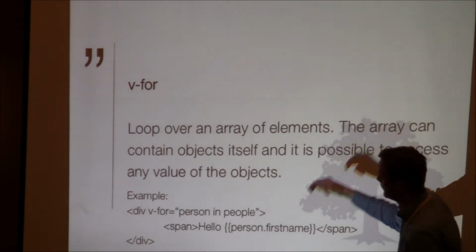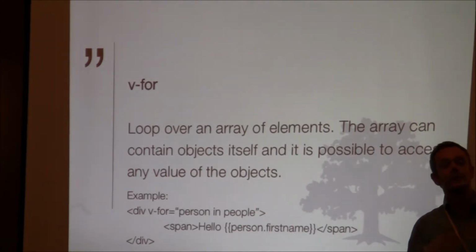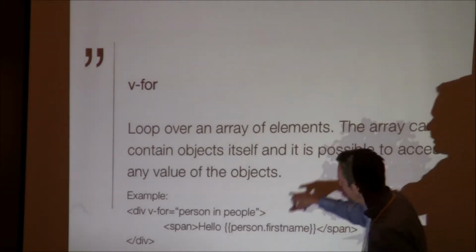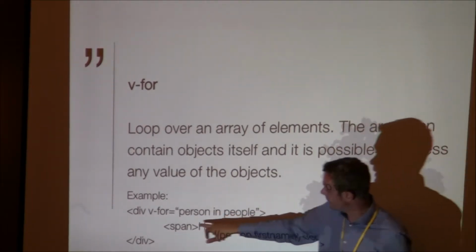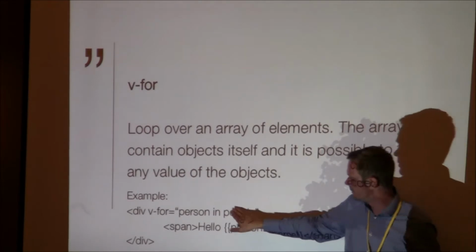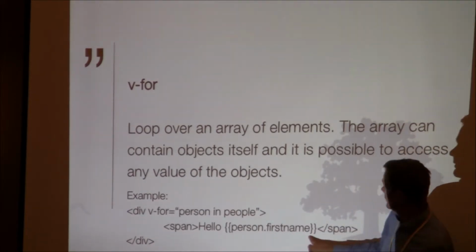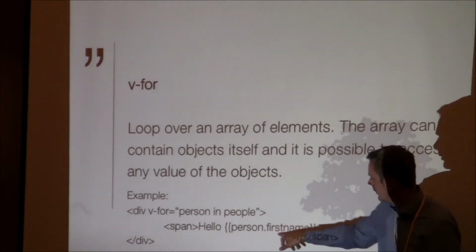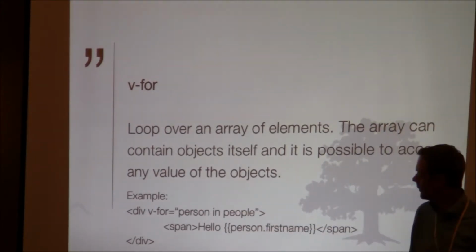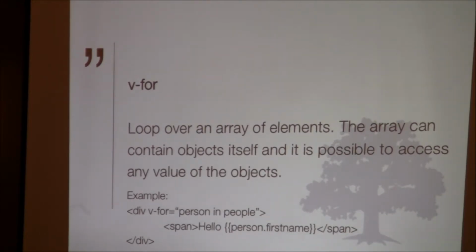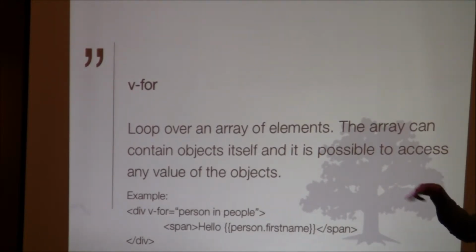Or if you have something like people in your array, and the people have different properties like first name, last name, state, birth date, then you can easily loop over a whole array by saying v-for person in people. So people is a part within the data section, and then you just get the properties out of this single person. So if you have 10 persons within your people array, then there will be 10 spans displayed one after another.